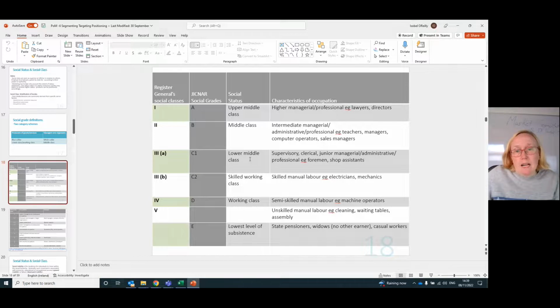So in the lower middle class, we've got supervisory, clerical, junior managerial, administrative, and so on, professional. So people who've reached the upper end of professions or jobs. Professions is actually less general than just careers. People in non-professional careers who've reached the pinnacle, so foreman on a building site and so on, would be included in there.